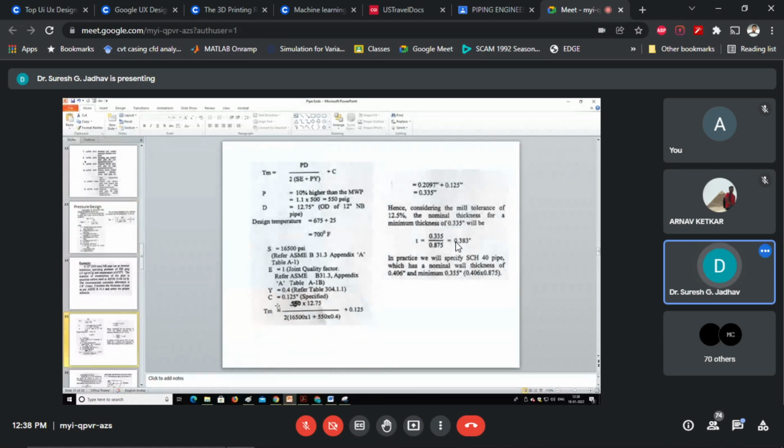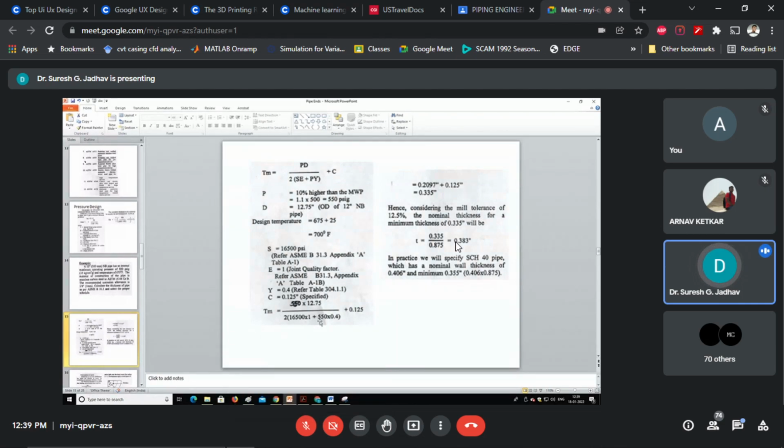So here consider 0.125. Substitute all values. P is 550, into D is 12.75 inch, and 2 in bracket here 16,500, that is the allowable stress, into another parameter E, which is the joint quality factor, plus another, the design pressure.